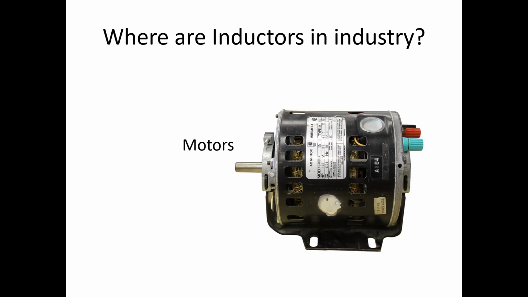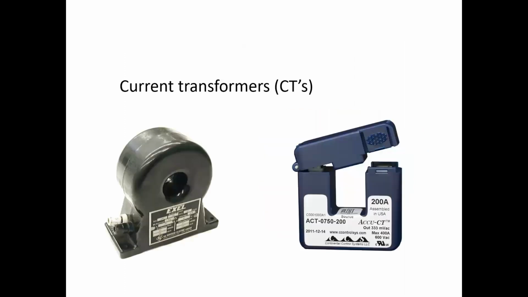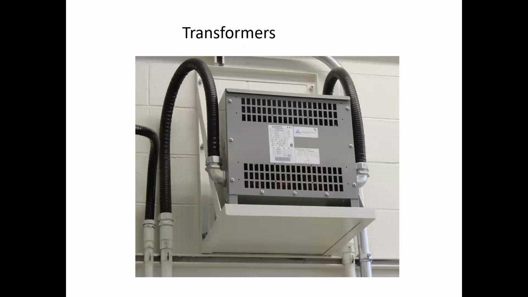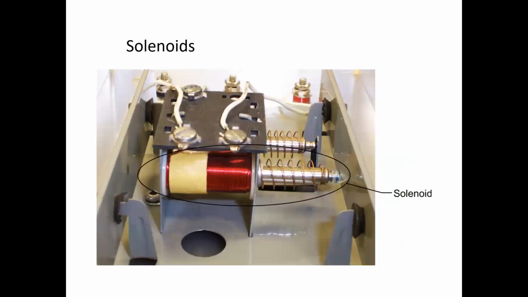Motors are a prime example of inductors in industry. Small transformers, such as CTs, are also examples of inductors in industry, as well as larger transformers, three-phase distribution transformers. These all exhibit inductance.